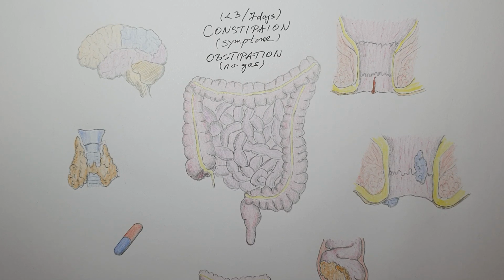They feel incomplete evacuation after the toilet. They have abdominal bloating. They have difficulty expelling the stool. They feel a fullness in their tummy. And all of those are criteria when we consider patients to have constipation.